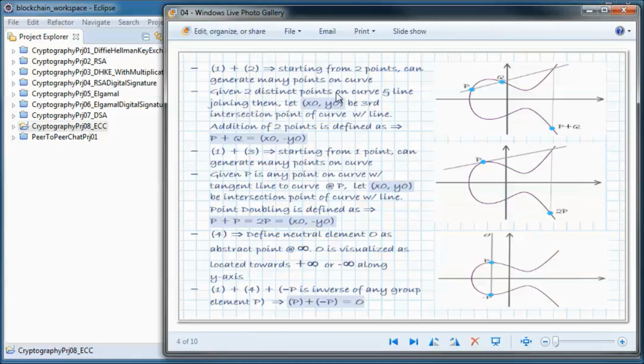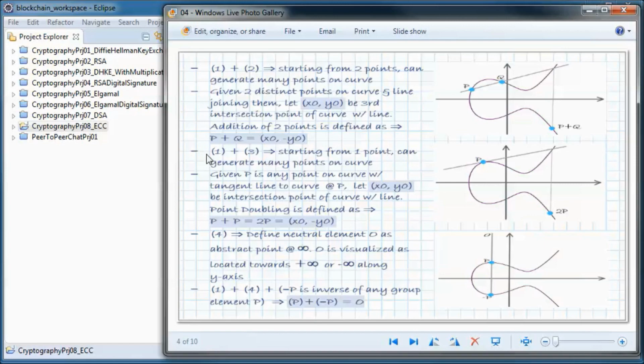So given 2 distinct points on the curve and the line joining them, let x0, y0 be the third intersection point of the curve with the line. Then we define addition of 2 points as P plus Q is equal to x0, minus y0.